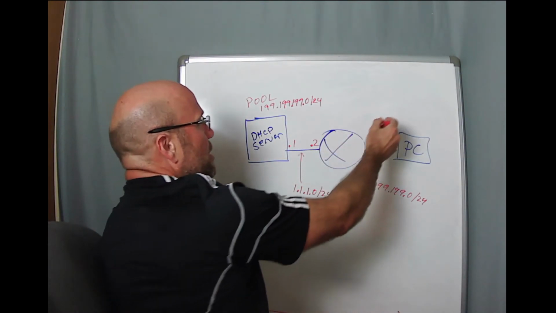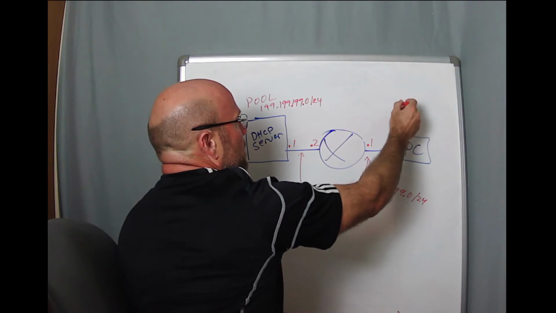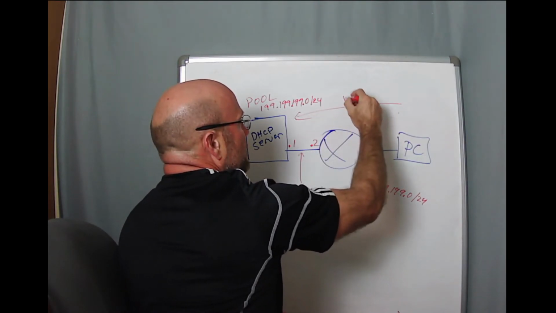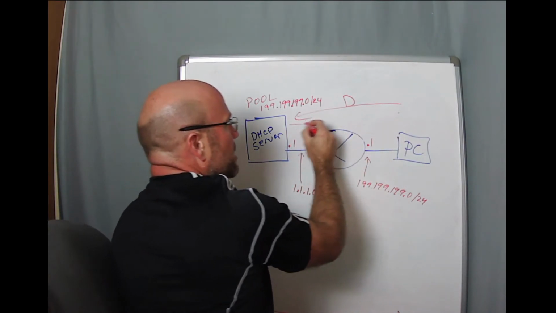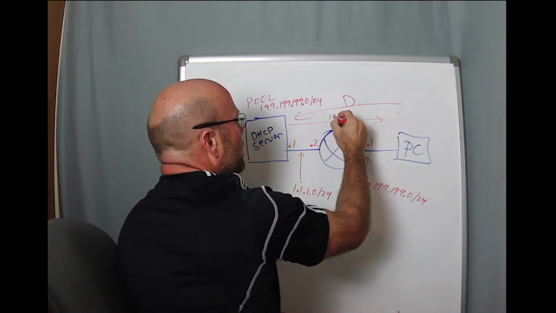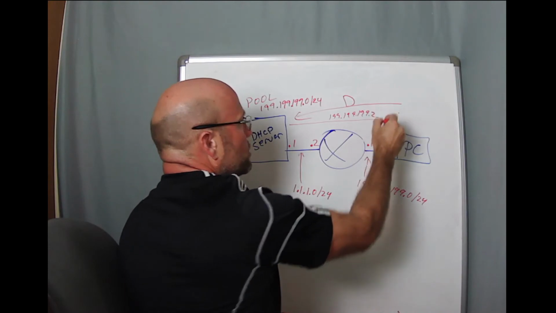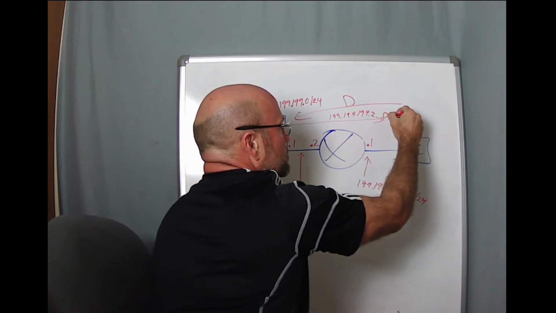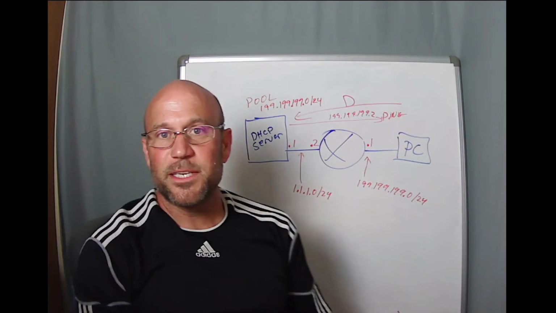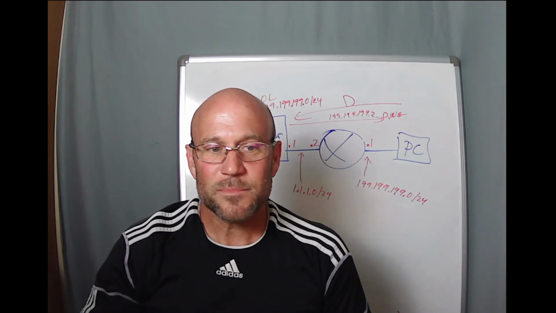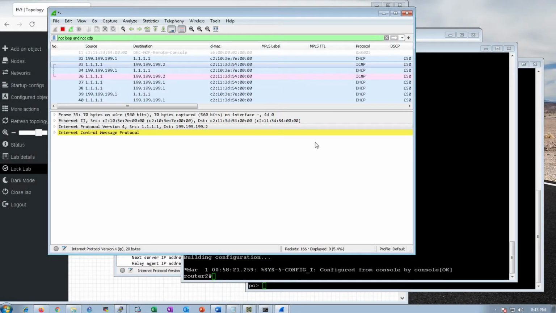And so the discover comes in, but then we see a ping go out to 199.199.199.2. Ping. Well, do we see a reply? Let's look. We see a ping.